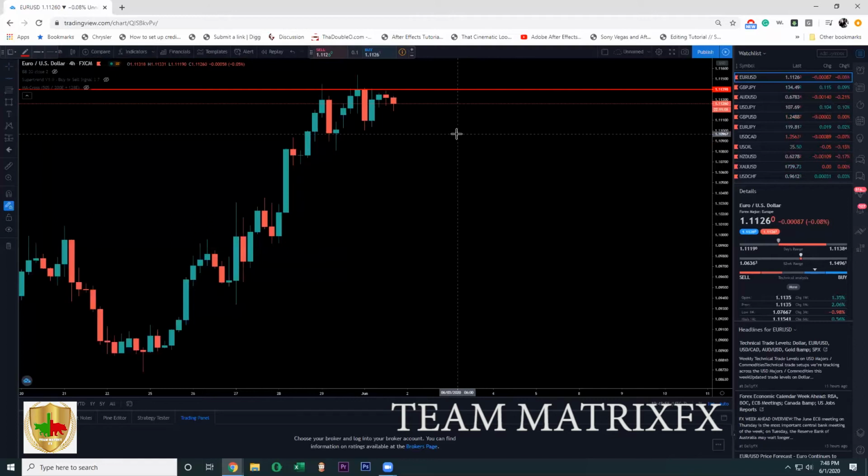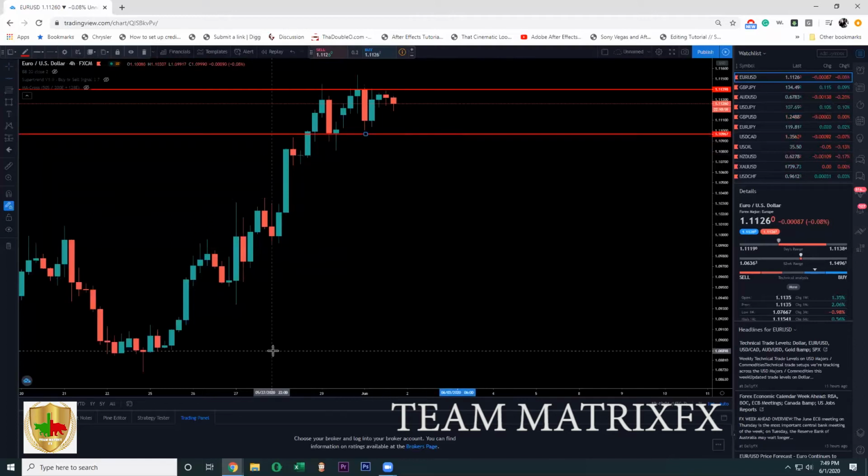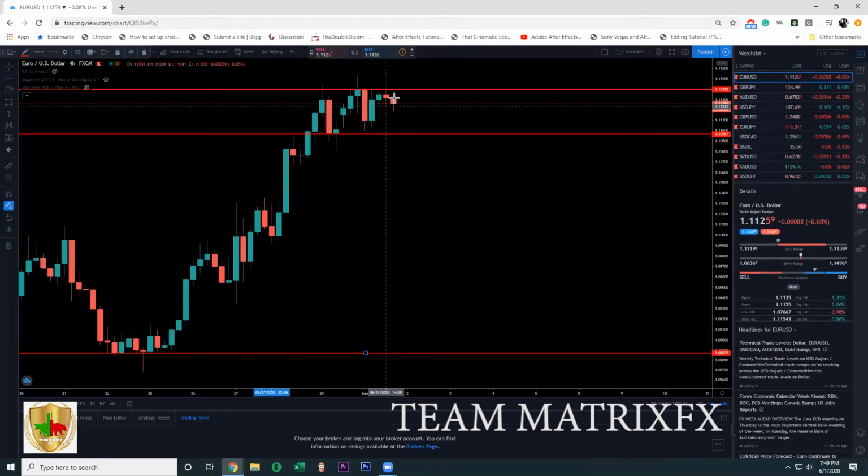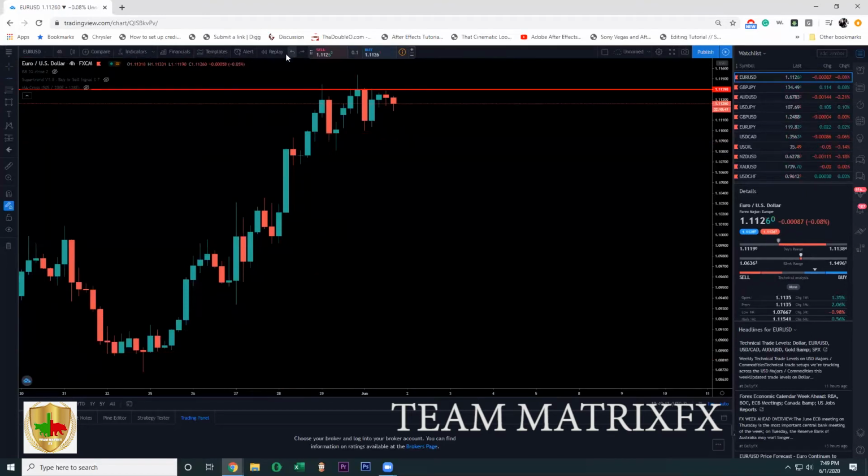Now, I could make support right here. I could even make a support all the way down here as well, but price is right here as we speak. So this support and that support really serve no purpose right now because price hasn't reached there yet.